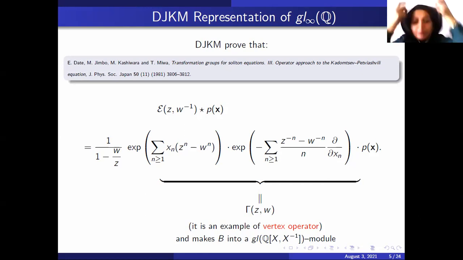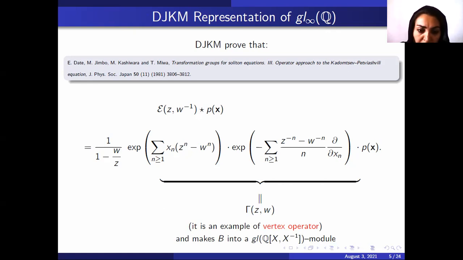And mind that this two-part exponential, which has to do with theoretical physics in fact, is denoted by gamma(z,w) and is what people call a vertex operator. And with this action, the bosonic Fock space turns out to be a module over gl_infinity(Q).